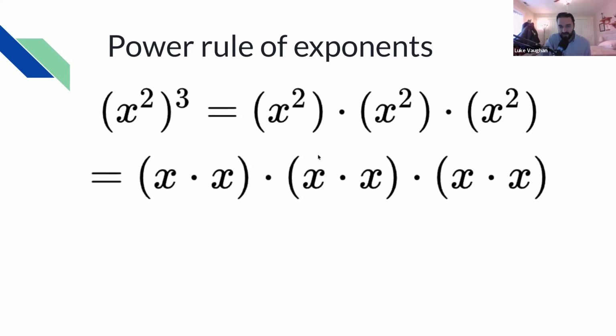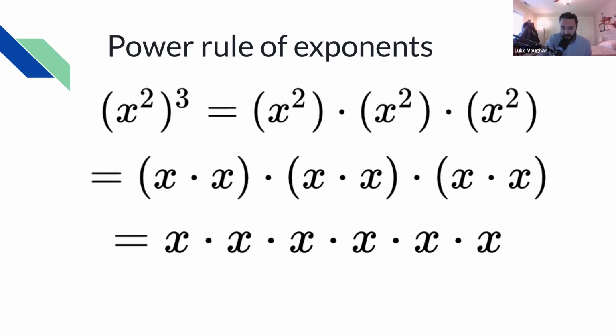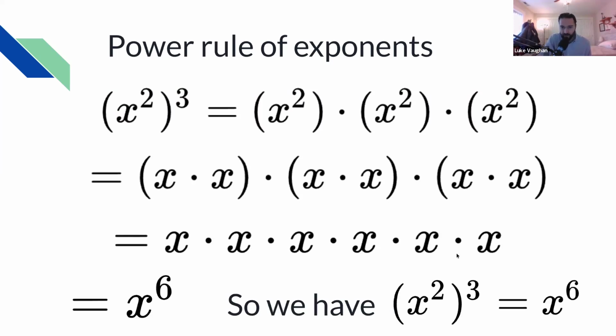So we can expand this out a little bit, and we have x times x times x times x times x times x. And we can get rid of the unnecessary parentheses, and we can see that we have x being multiplied by itself 6 times.